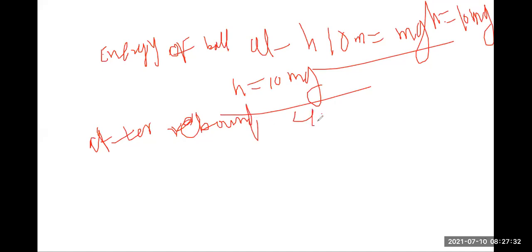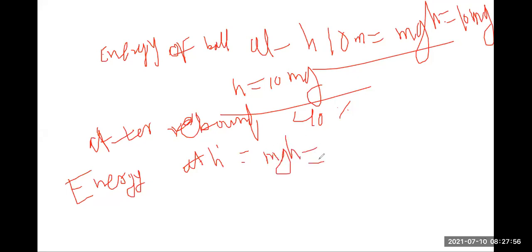Then we take the height h dash, because it rebounds. The energy at height h dash is mgh, so with 40% reduced, 100 minus 40 gives 60.